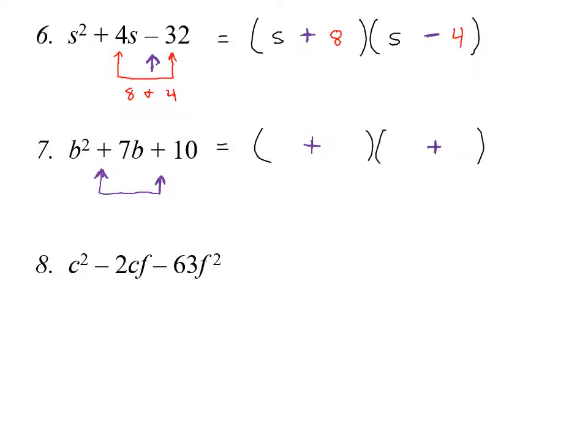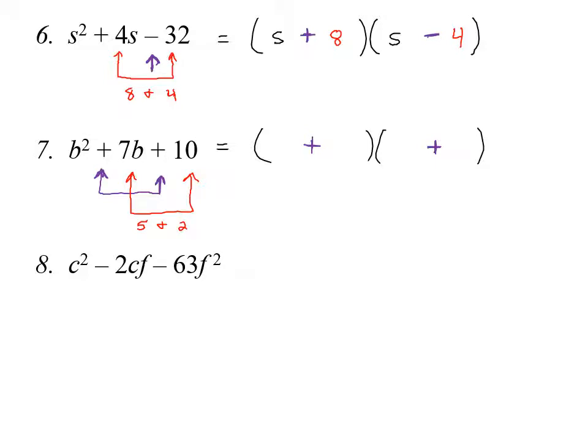If the 10 was positive and the 7 was negative, you would put two minus signs. So in this case, looking at these two numbers again, you need two numbers that multiply to 10 that either add or subtract to give you 7. That would be 5 and 2. 5 times 2 is 10. 5 plus 2 is 7.